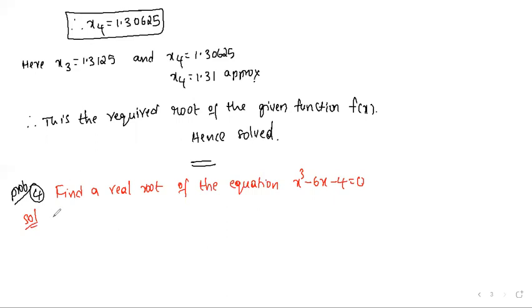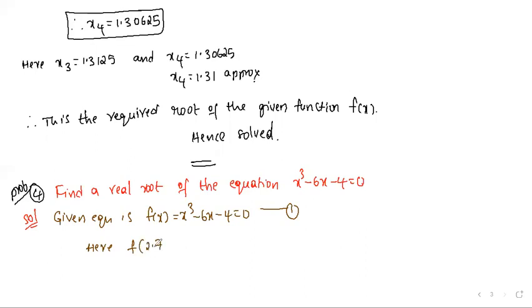Solution. First problem elagaithe chesamo same. Given equation is f of x is equal to x cube minus 6x minus 4 is equal to 0. This is equation 1.